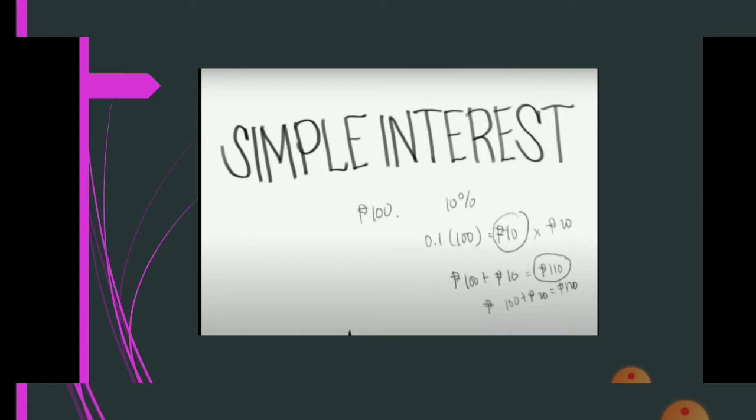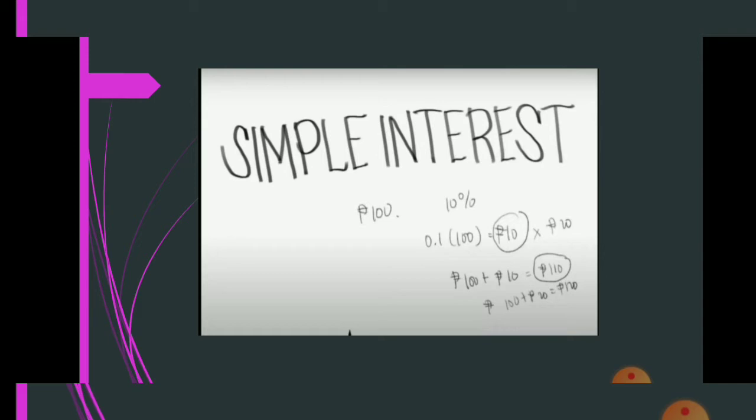So, 0.1 times 100 is equals to 10. So, 10 pesos na yung interest natin sa 1 year na ibibigay niya. 100 plus 10 is 110. So, ang kabuuan na mababayaran mo sa iyong utang is 110.